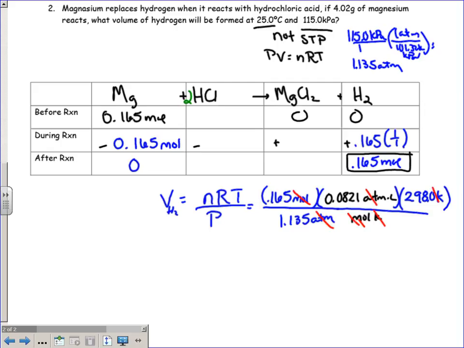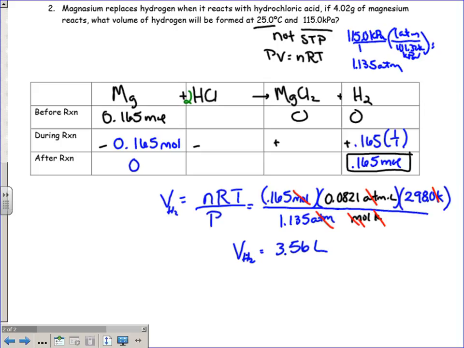Atmospheres cancel. And we have liters of hydrogen gas. Doing 3 single digits, I'm going to need 3.56 liters of hydrogen. And that would make quite a hydrogen balloon. That would be loads of fun.